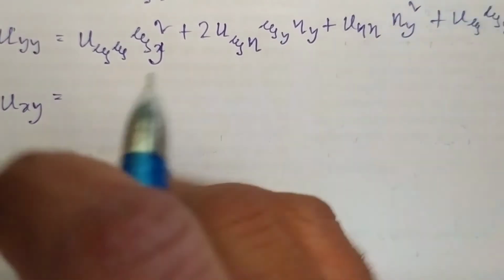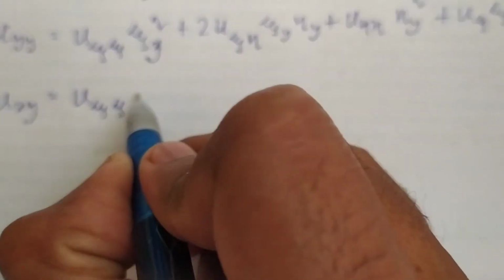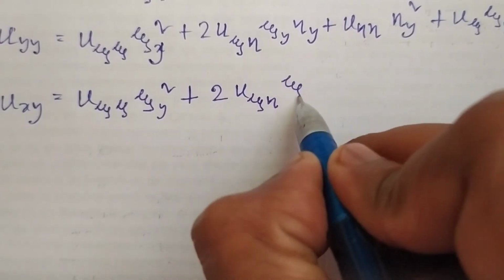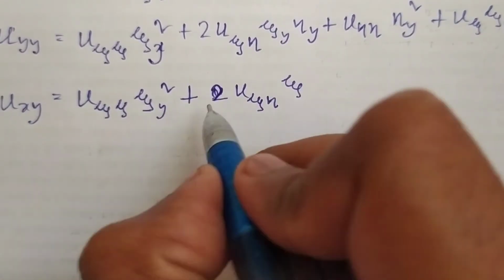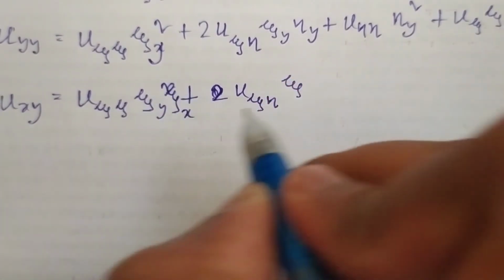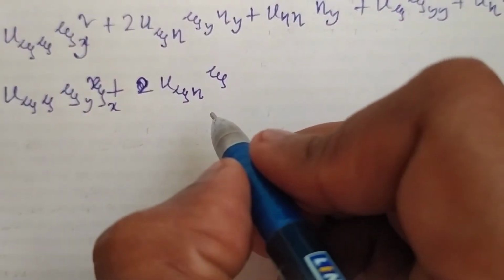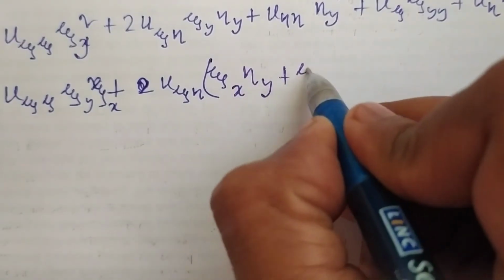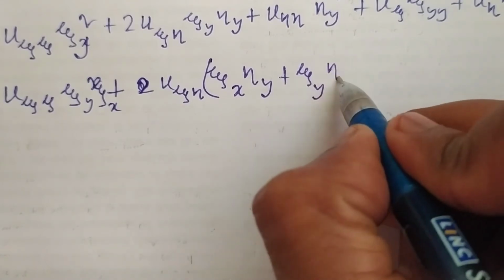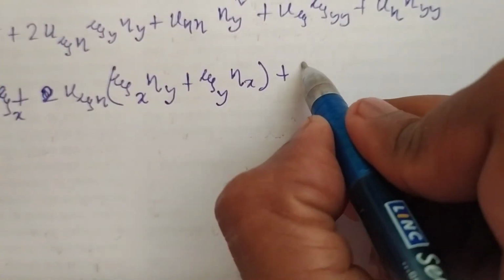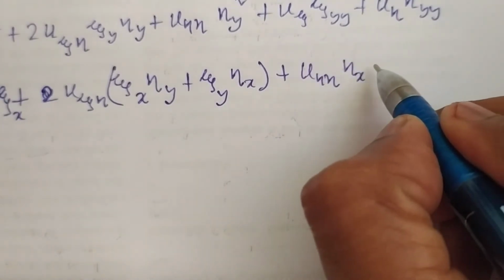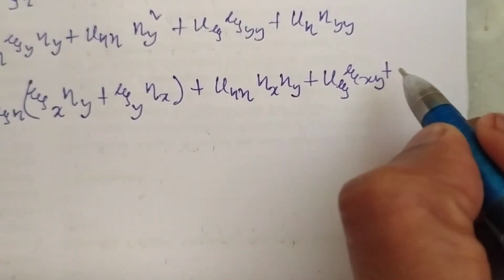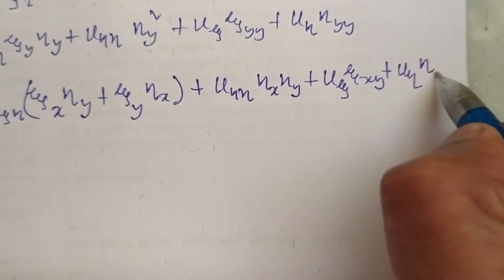So the result becomes u_xi xi xi_x xi_y, 2 u_eta xi, sorry, I'm very sorry, and this is x, and eta xi you can take as common, and then the first term will be this, and the second term comes from the second parenthesis, and u_eta eta eta_x eta_y plus u_xi xi_xy plus u_eta eta_xy.